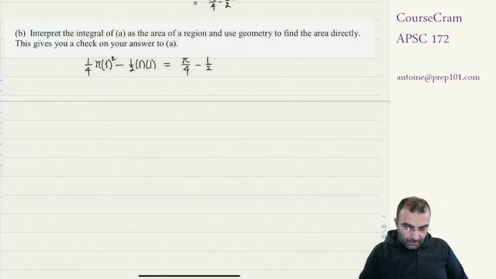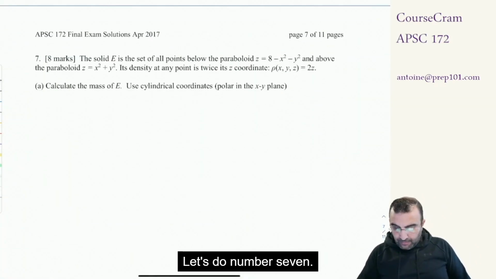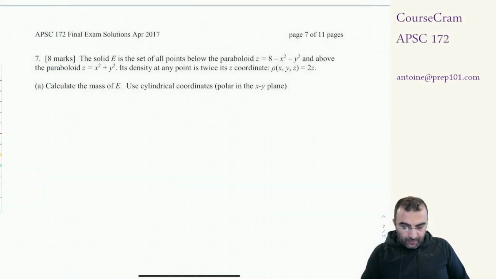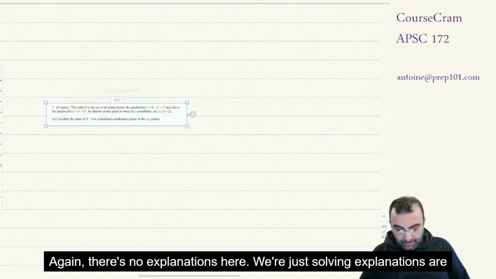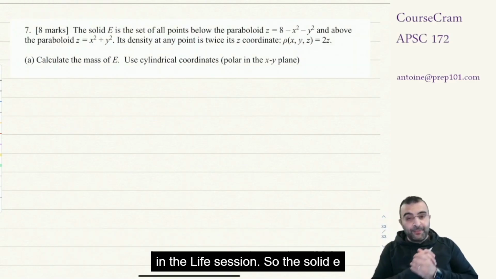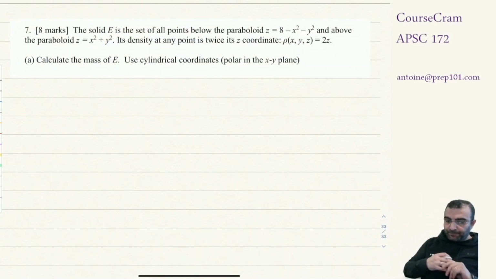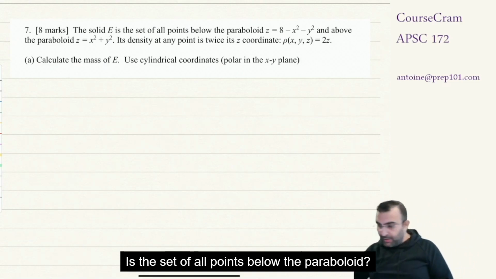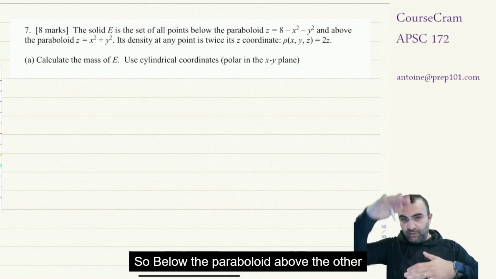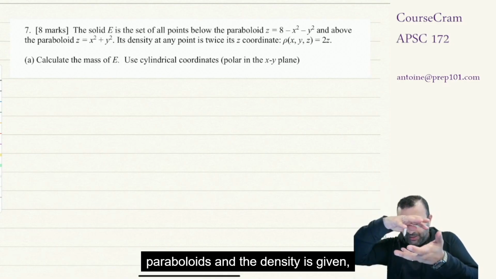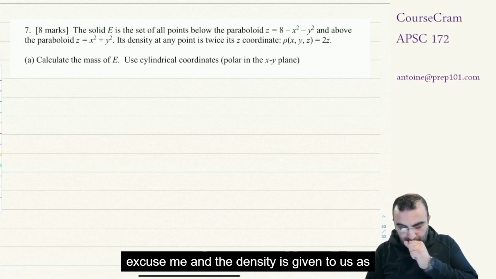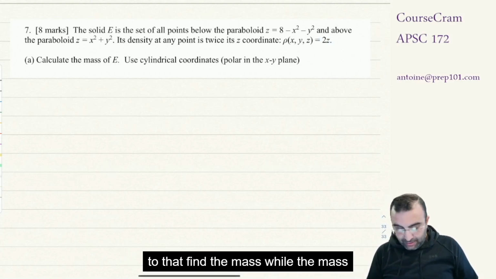Okay, let's see what else. Let's do number 7. Again, there's no explanations here. We're just solving. Explanations are in the live session. So the solid E is the set of all points below the paraboloid, above the other paraboloid, and the density is given to us as 2z.